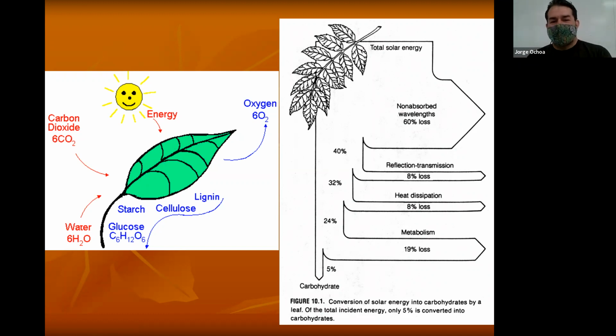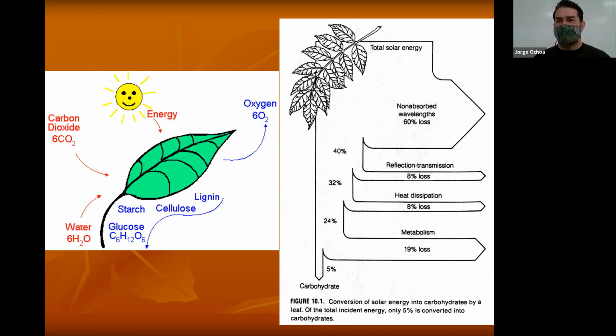And the glucose, the sugar, is going to be the foundation block for the entire body of the plant, because glucose can be made a little more complex and then it can be made into starch. And the starch is what's going to be stored for the plant to use later on. The glucose can also be made into more complex molecules, and then it can be made into cellulose, which is what the body of the plant is made of.